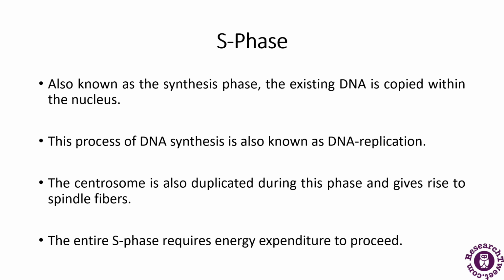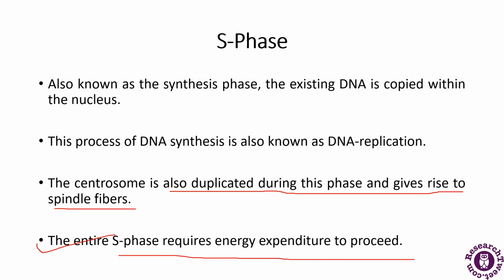If the number of chromosomes during G1 was 2n, it will remain 2n, and at the end of the S phase also it will remain the same. The centriole divides into two centriole pairs in the cell which contains centrioles. In this synthesis phase, the chromosome gets duplicated and gives rise to spindle fibers. And the entire S phase requires energy expenditure to proceed.